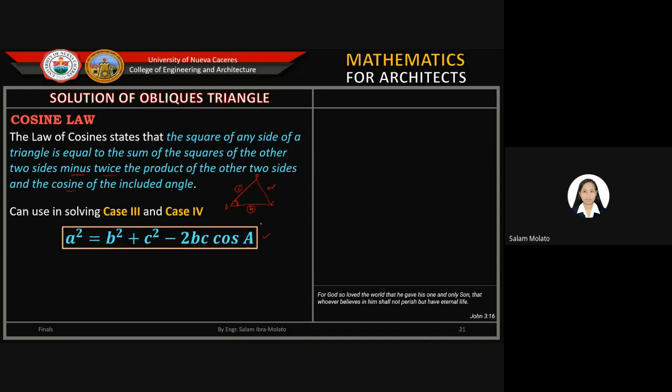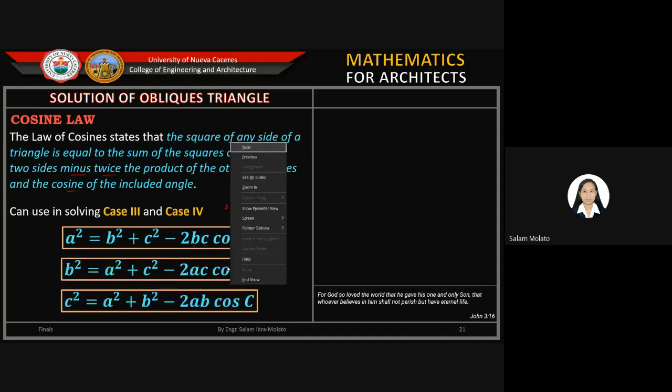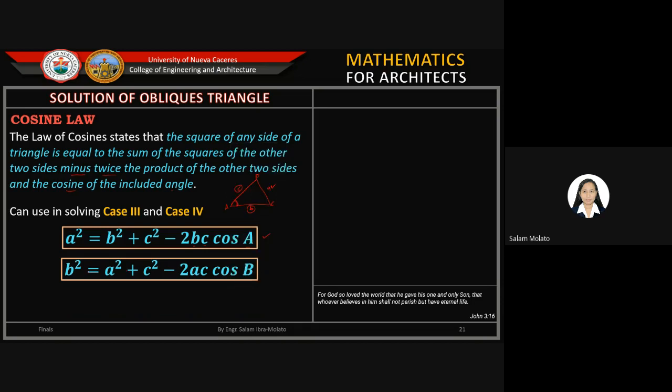Next, what if we need to find the other side, say B. Sorry, my laptop is a bit slow. So if we are going to compute for B squared, given the two other sides A and C, we have A squared plus C squared minus twice the product of the other two sides, cosine B, beta.